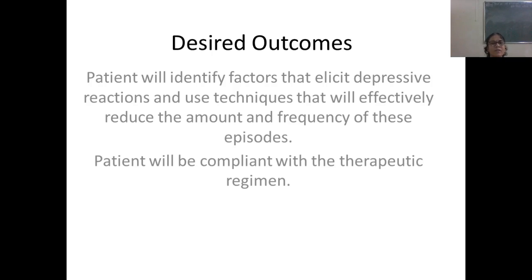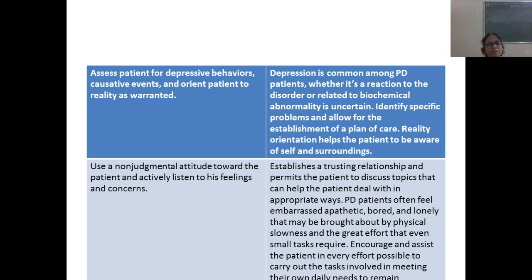Desired outcomes are patient will identify factors that elicit depressive reaction and use techniques that will effectively reduce the amount and frequency of these episodes, and patient will be compliant with the therapeutic regimen.